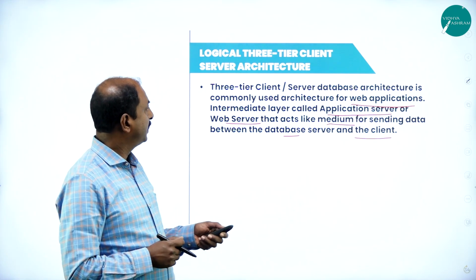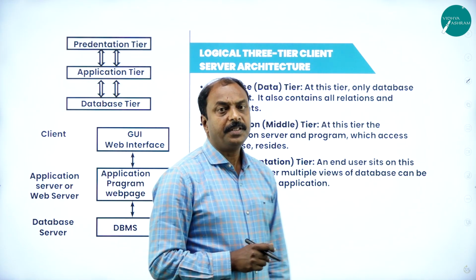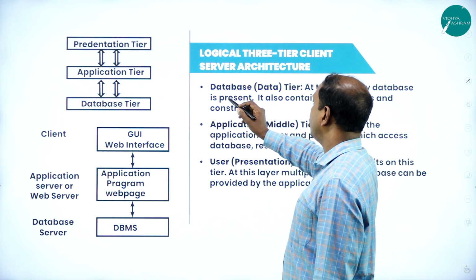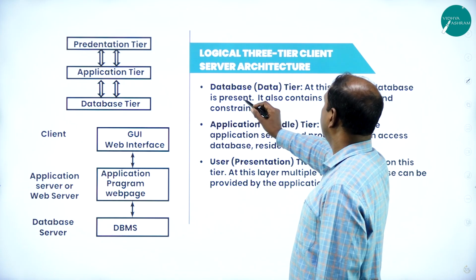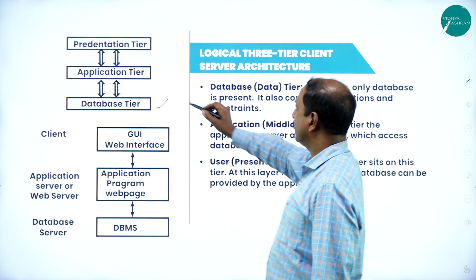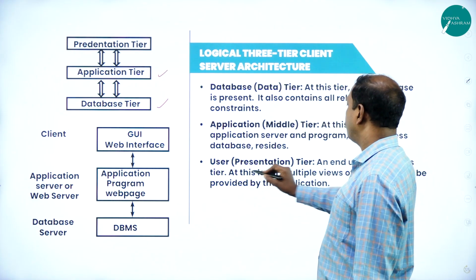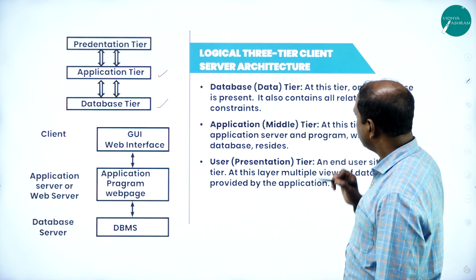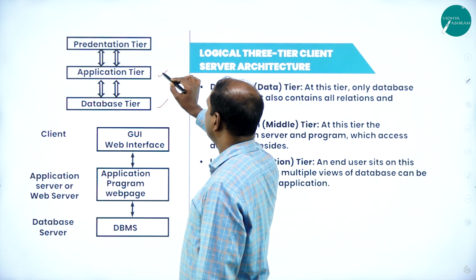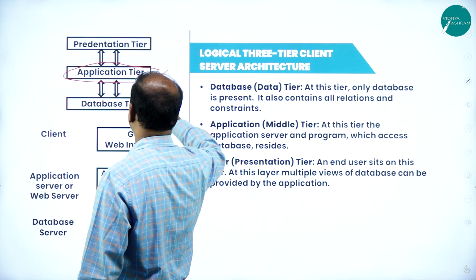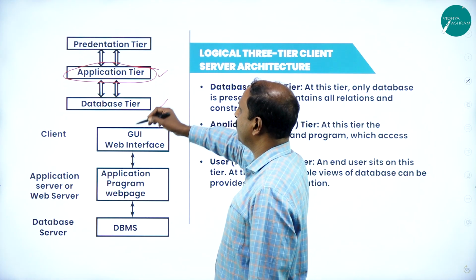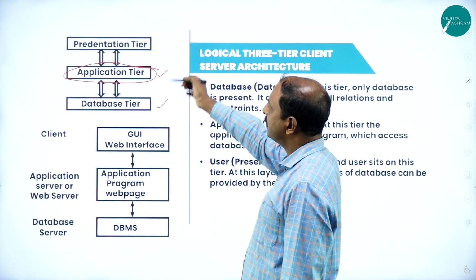Now look at this diagram. There are three layers. One is the database layer, this is the database tier, the second one is the application tier, and the next one is the presentation tier. Here this is another intermediate layer or tier, which helps to communicate between the database as well as the user.